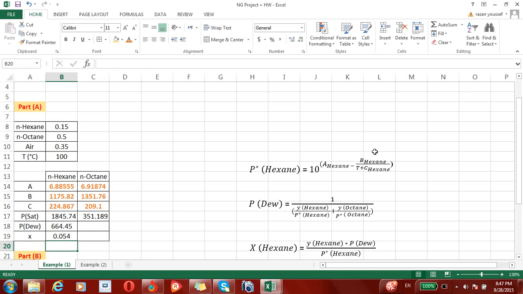Close all the brackets and you got your value. Drag it and make sure that you choose the right cells, for example this one here, and for the P dew it will be this one. And by this, we finished part A, as simple as it is.